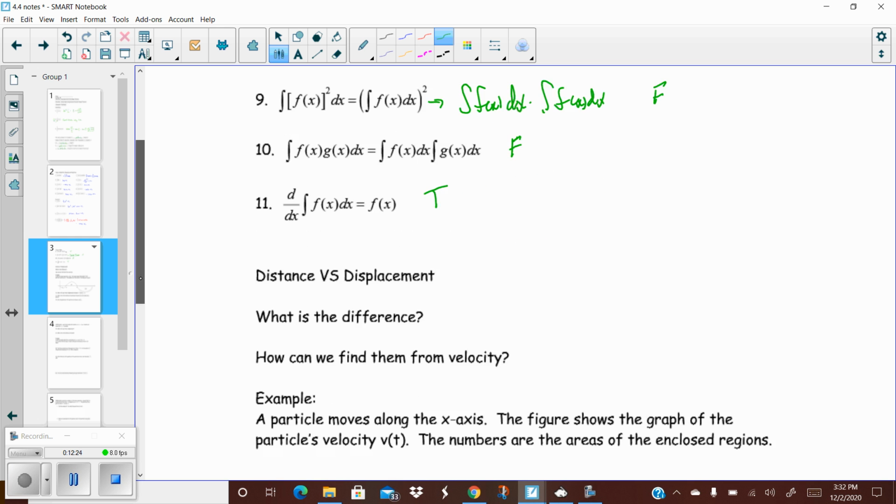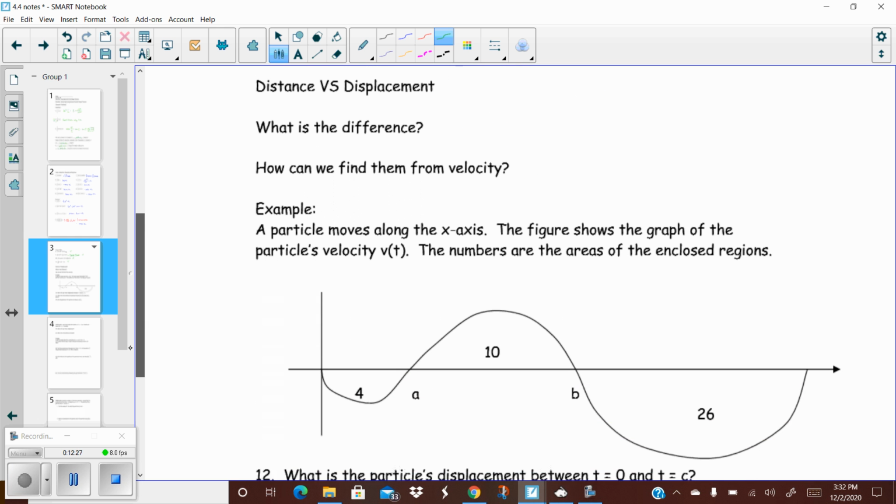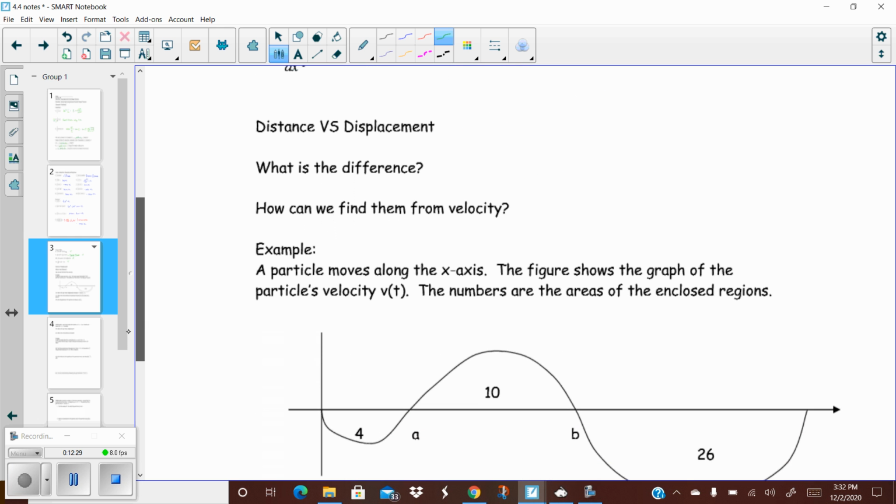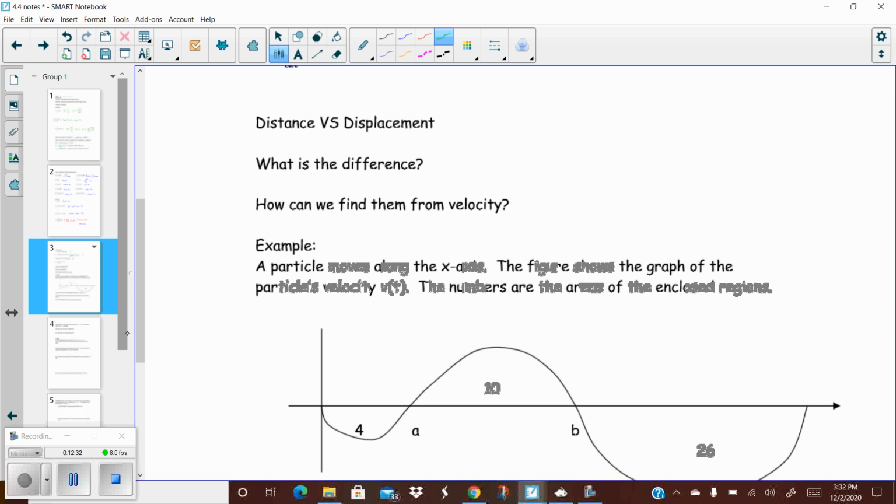All right. First of all, if you've already taken physics and you understand some of this, then you're a little bit ahead of things, which is great. If not, we're going to talk about the difference between distance and displacement. It's a very important distinction here. So displacement, as a definition, is how far something is from the starting position.